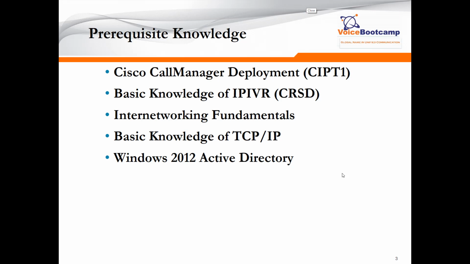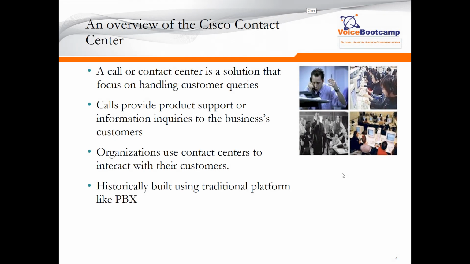Definitely, basic knowledge of TCP/IP is a must, and most importantly is knowledge about Windows 2012 Active Directory. Now, UCCE platform heavily relies on Active Directory, so therefore knowledge about such product is definitely an asset. So these are some of the prerequisites that you need to know in order to fully understand this course.